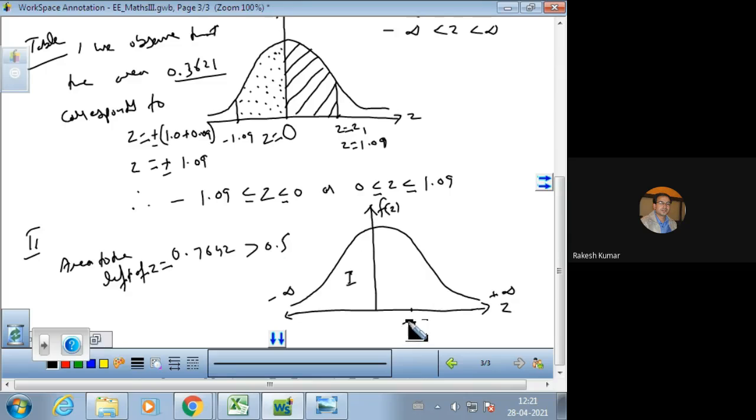So I suppose that this is Z is equal to Z1, this one. So this is the area given to us. Now this area is given to us and for this area we need to find out point Z is equal to Z1.